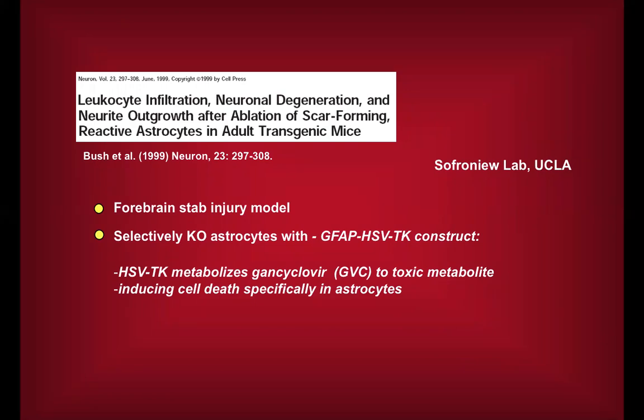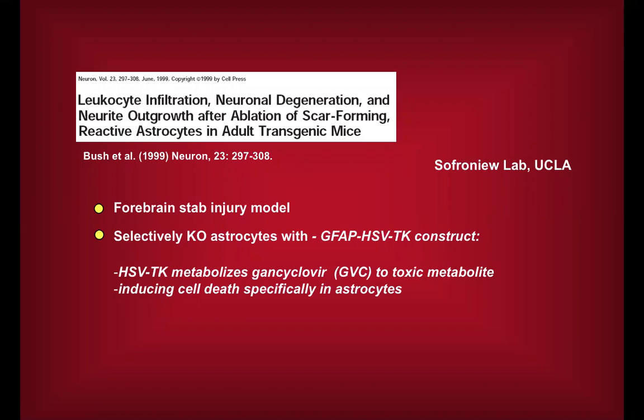So basically he was able to kill astrocytes. This is a GFAP herpes simplex virus TK design. Basically, if you give the mice ganciclovir, thymidine kinase will create a toxic metabolite and it'll kill astrocytes. This is one of the first ways to knock out an astrocyte specifically or selectively.